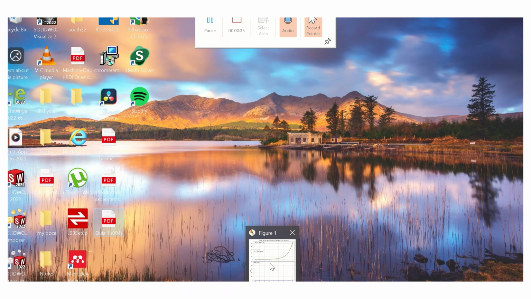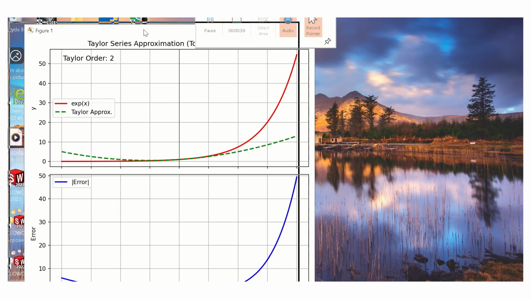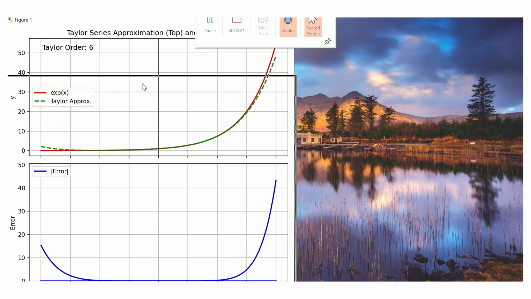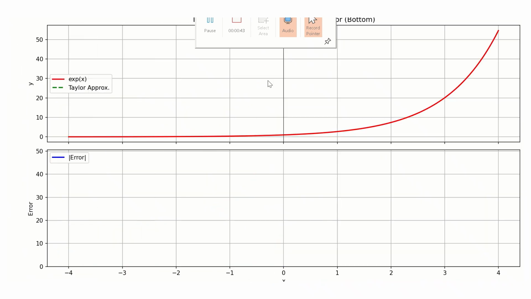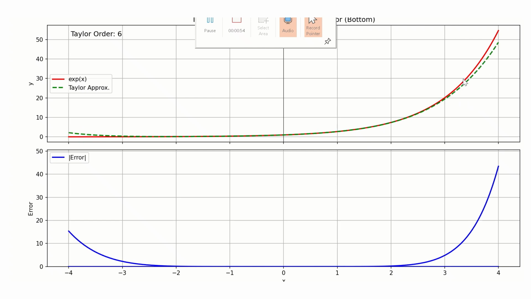I hope you can see my screen here. I should just do full screen. This is the number of terms, or Taylor order. You see it's increasing, and as I increase the number of terms, the approximation gets closer and closer to the actual function.